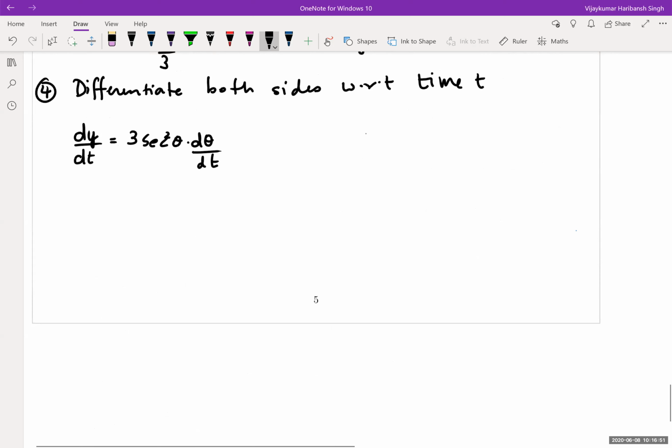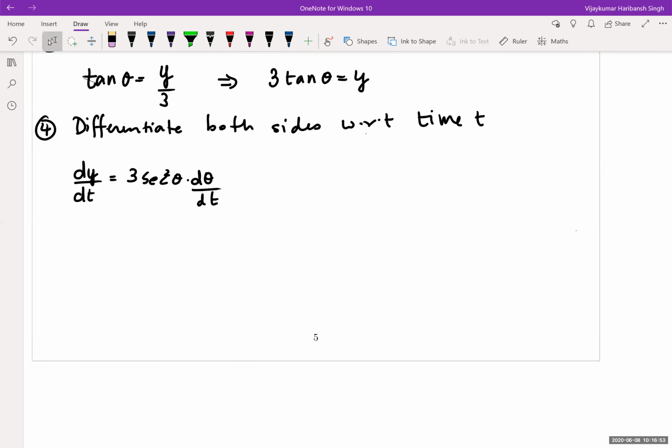So we are asking the following question. We have d theta by dt is 8 pi and y equals 1. So d theta by dt is 8 pi, y is 1, but we have no information about theta. So let's try to get information about theta.